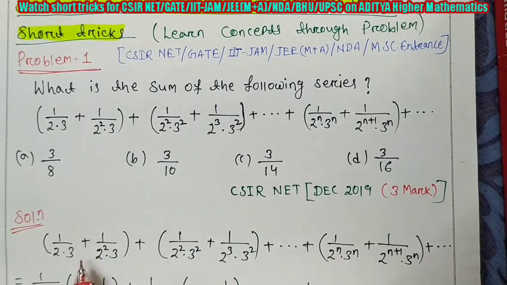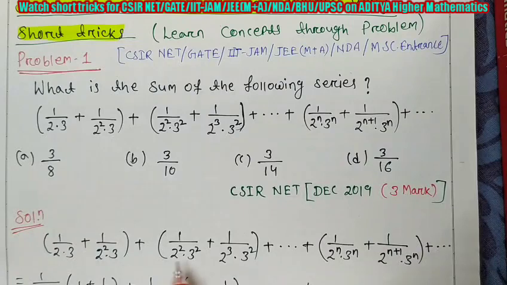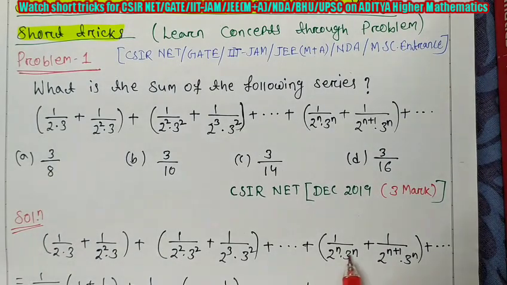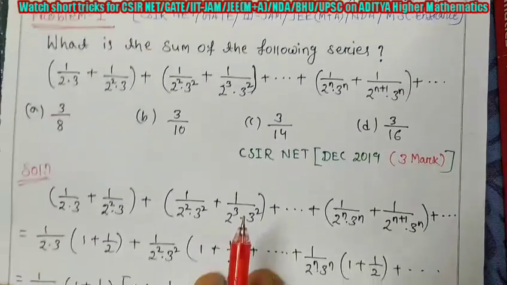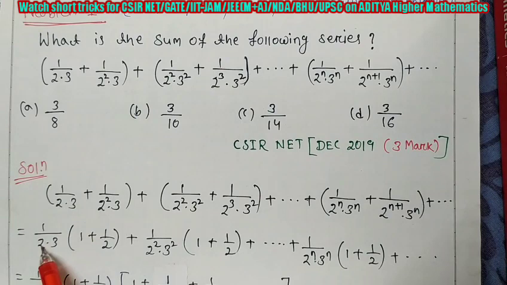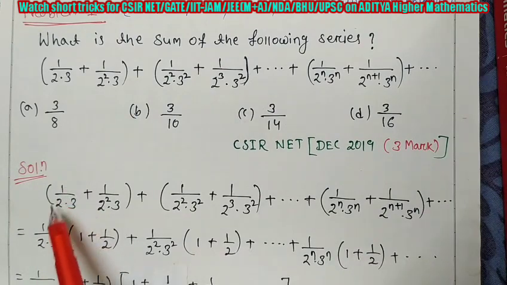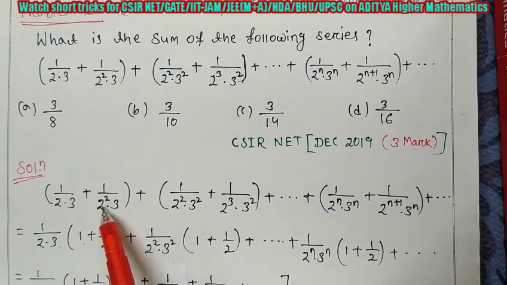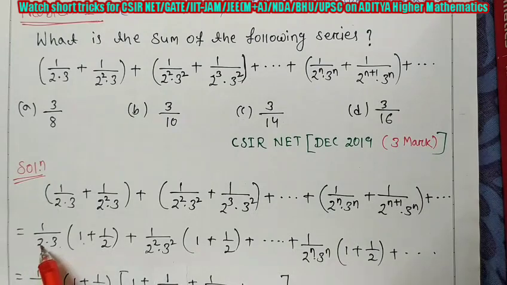Then after that you can see in the first term 1 by 2 into 3 is common. In the second term 1 by 2 square into 3 square, and similarly in the nth term 1 by 2 to the n into 3 to the n. So I am taking 1 by 2 into 3 common.